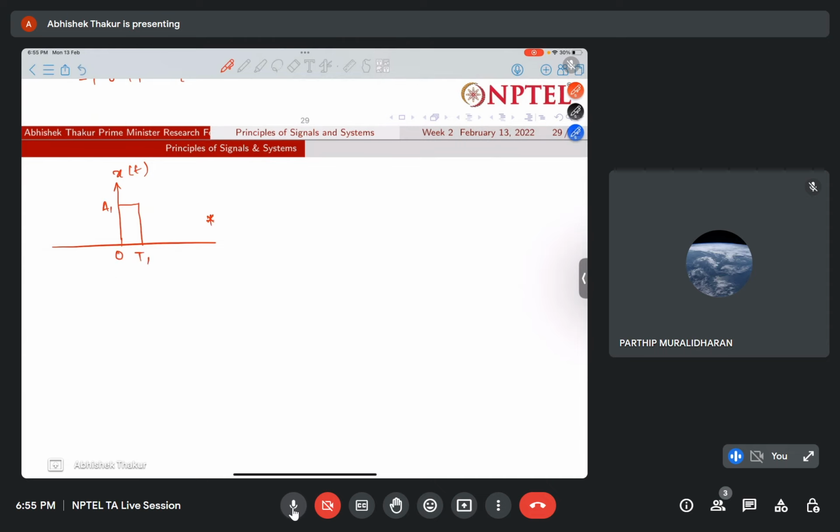This is convolved with another function h(t), whose amplitude is A2 and width is T2. So now the unequal width pulses will result in a trapezoid.